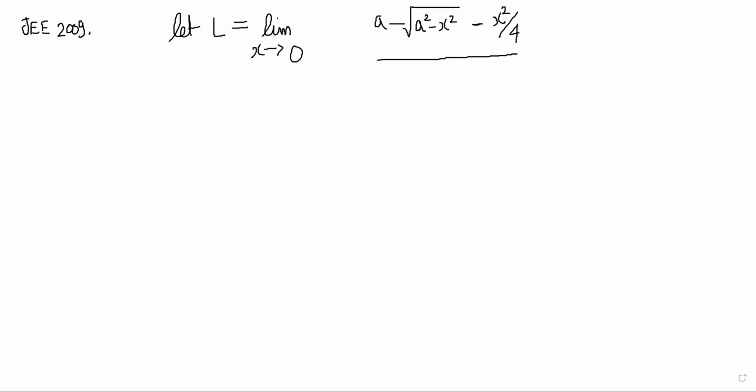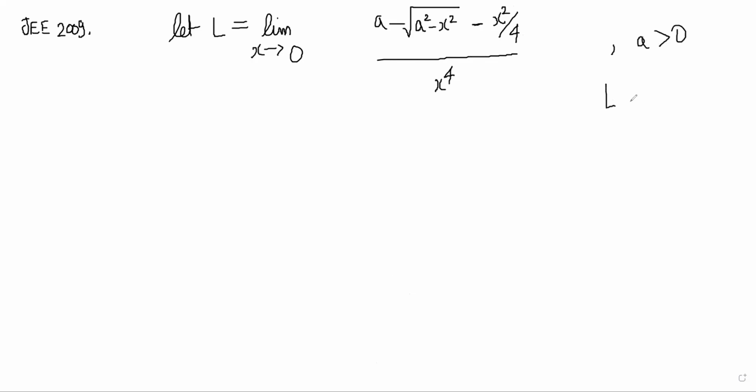Limits question. Let L be equal to the limit as x tends to 0 of (a minus root over a square minus x square, minus x square by 4) divided by x power 4, and you have a is greater than 0.